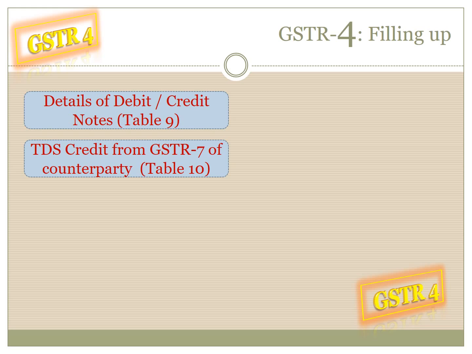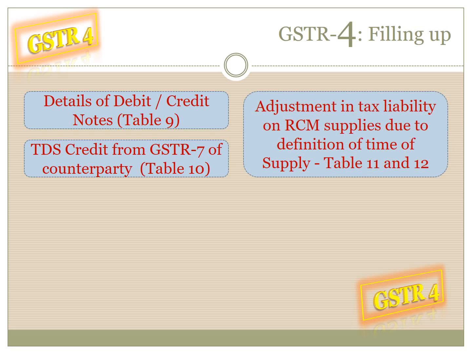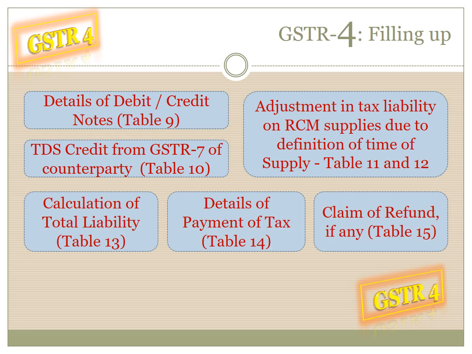Details of TDS credit is auto-filled in Table 10 from the GSTR 7 filed by the deductor. Similar to Table 11 and 12 of GSTR 1, we have Table 11 and 12 in GSTR 4 for adjustment of tax liability on inward supplies under RCM. Table 13 calculates the net tax liability for outward supply and inward supply for the current period and prior period, if any.